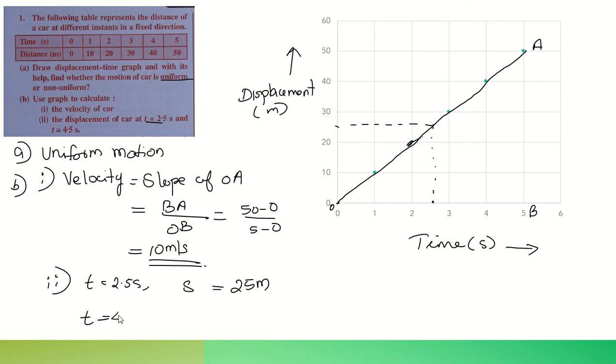When t is equal to 4.5 seconds, 4.5 is here. Here is the displacement corresponding to 4.5 seconds. That is S is equal to 45 meters.